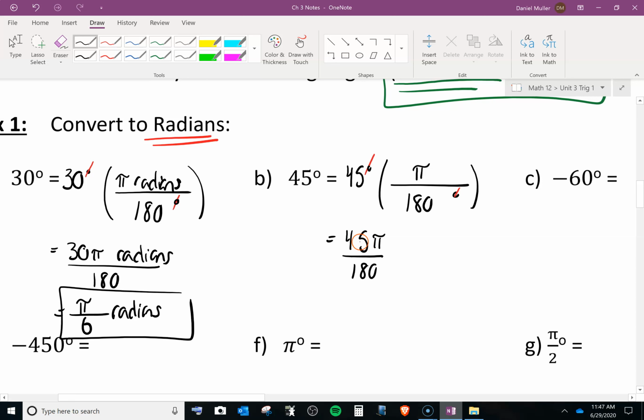In fact, both of these can be divided by 45. So 45 divided by 45 is just going to leave you with a pi. Now 45 goes into 180 4 times. So it's pi over 4 radians. But again, we don't write the radians. So we say 45 degrees is the same thing as pi over 4.